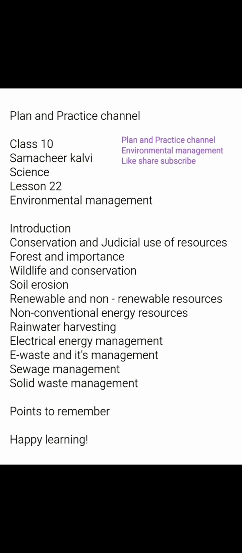Next, we will see the management of soil erosion. How to manage the soil erosion. So, what is soil erosion? Removal of upper layer of soil by wind and water is called soil erosion. So, how do we manage it? First one, retain vegetation cover so that soil is not exposed.